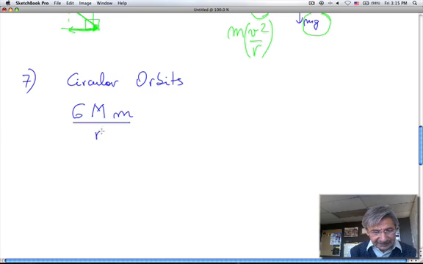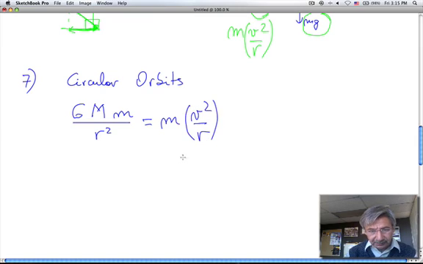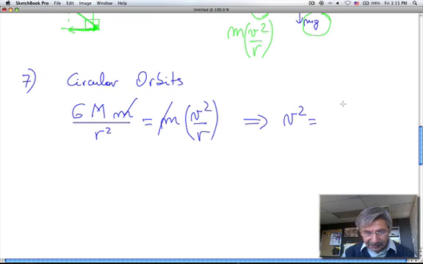This is the distance between the centers. And if the object is going around in uniform circular motion, this is what Newton's law tells you, from where you deduce that the velocity squared of the object is the gravitational constant times the mass divided by the radius.